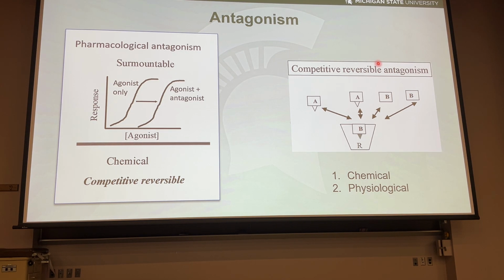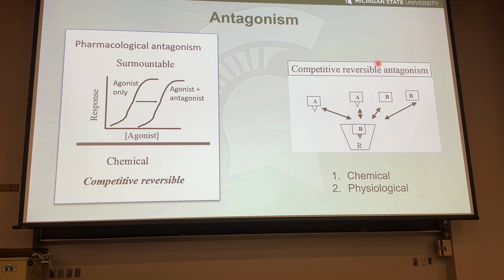So, with all that said, pharmacological antagonism between an agonist and an antagonist is competitive and reversible. But it's talking about how drugs, agonists and antagonists, bind to a receptor. That's pharmacological antagonism. Okay? Two other forms we're going to talk about.